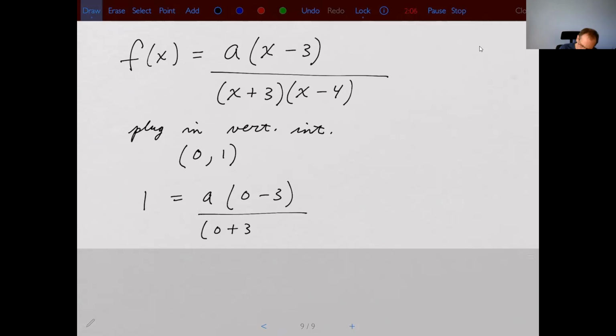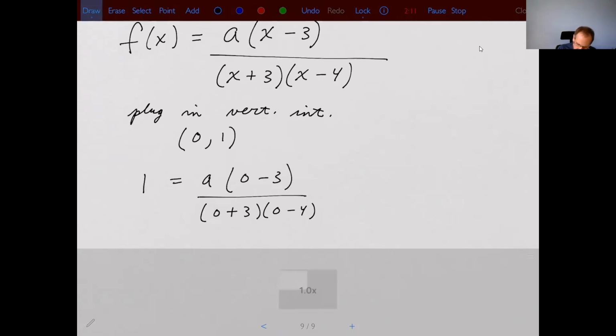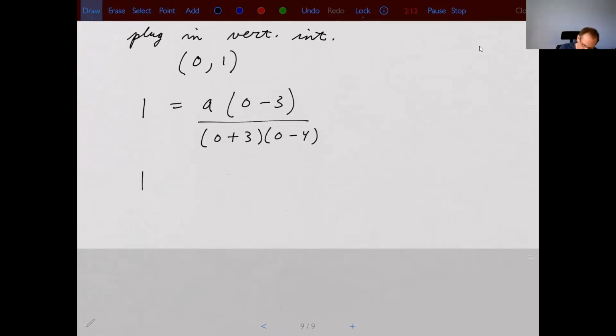So I'm just putting in 0 for x, anywhere I have an x. Then this is going to be -3a over, and then 3 times -4 is -12. But -3 over -12 is 1/4 a.